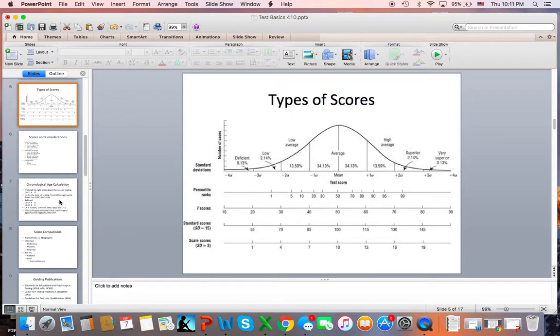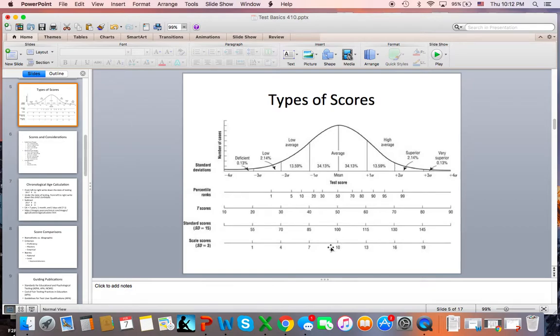This slide is the normal curve, and I'm sure many of you are well versed with the normal curve or the bell curve. It elucidates some of the score types used predominantly with commercially available assessments, be they achievement assessments, intelligence assessments, or behavior assessments. What you're going to come across oftentimes is scaled scores, which are used for individual subtests of these assessments.